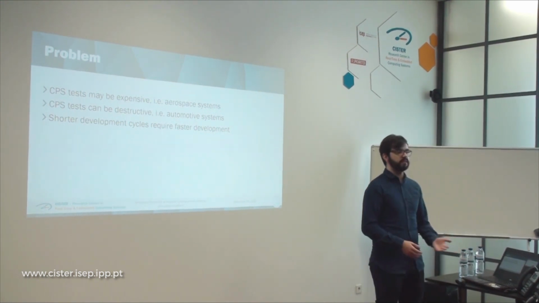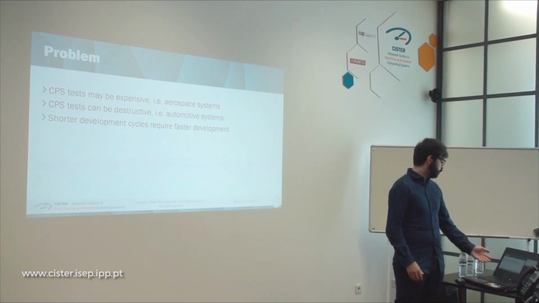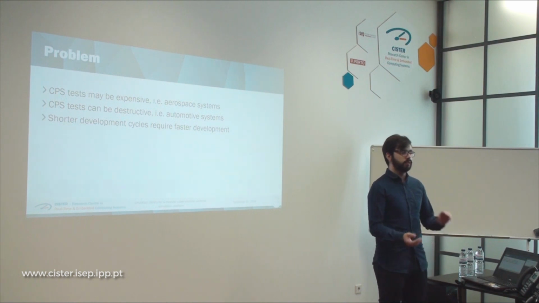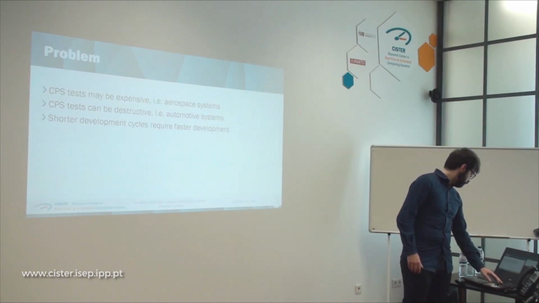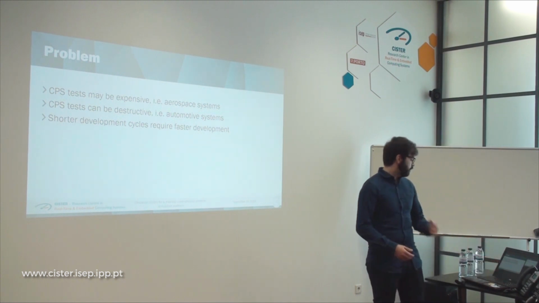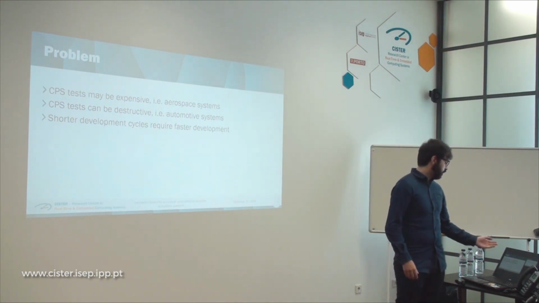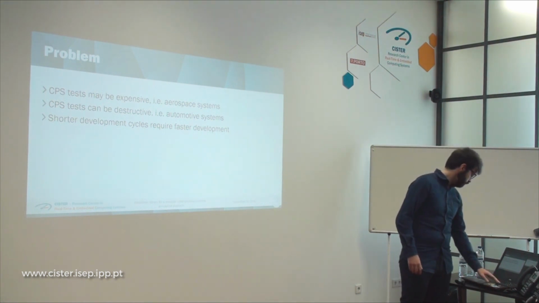In the case of aerospace systems, satellite hardware is very expensive. In the case of automotive systems, the tests can be destructive if you're testing airbags or shock absorbent car parts. Also the development cycles are getting shorter each time. People need to develop faster, and this is a problem because we need to hasten this process.